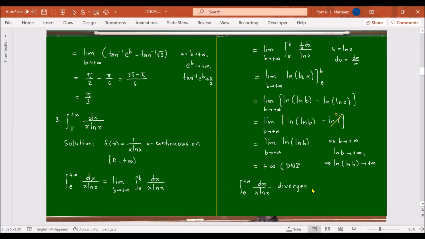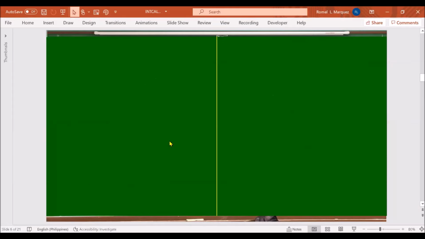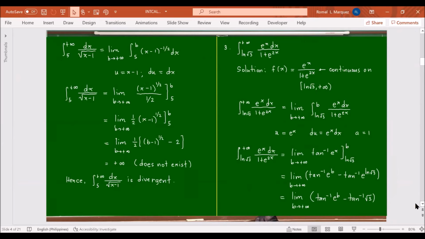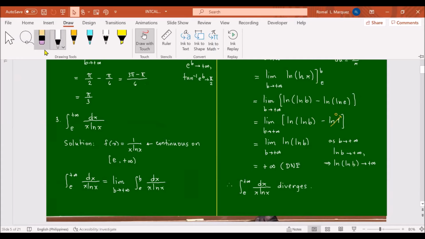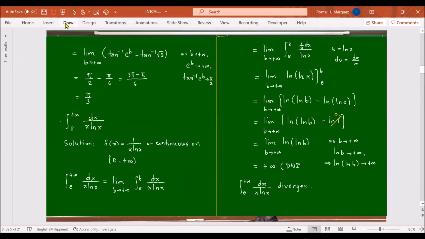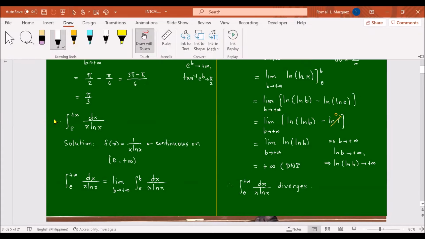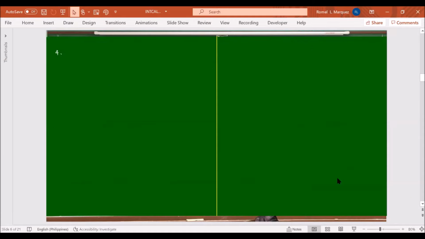Okay, guys? So let us have the fourth one. Number 4. I think this is the fifth. So this is the fourth one, so let me correct the numbering. And this is the fifth one. Okay?